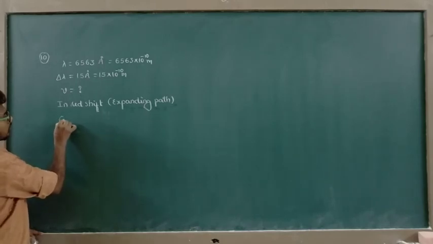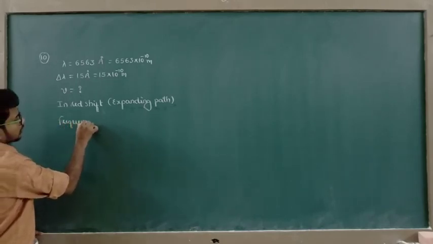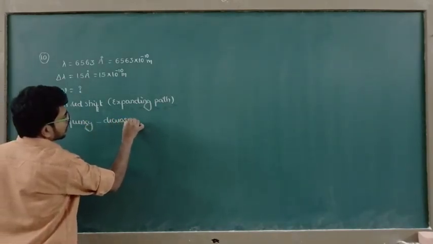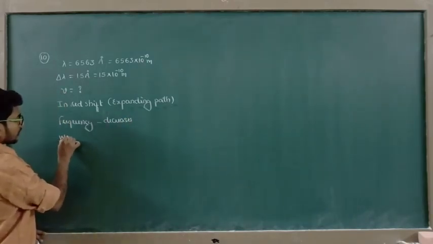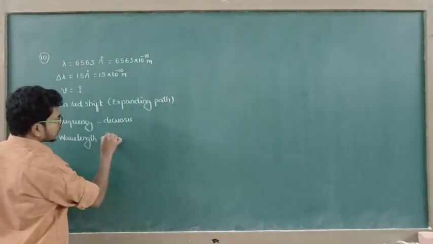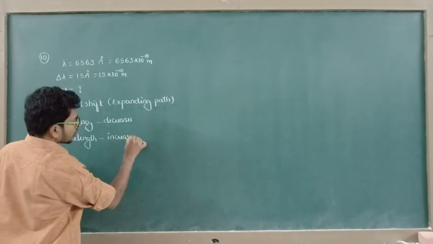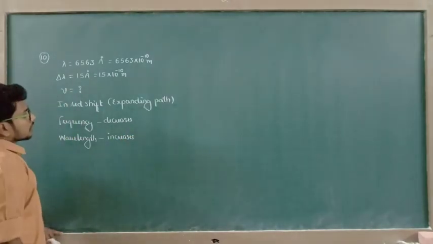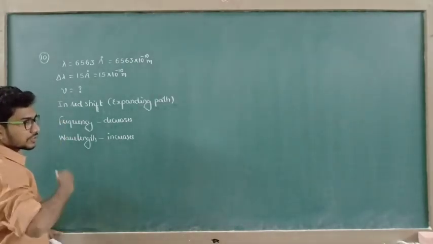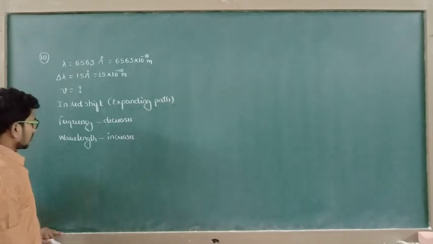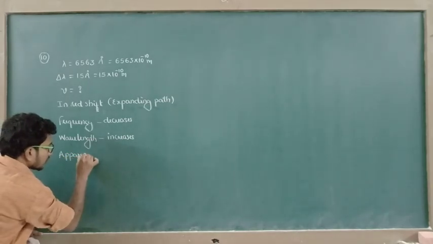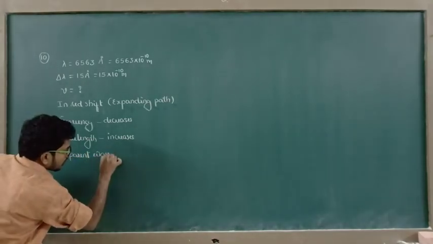Frequency decreases, wavelength increases. So therefore, I am going to consider apparent wavelength in case of redshift when source is moving away from the observer.